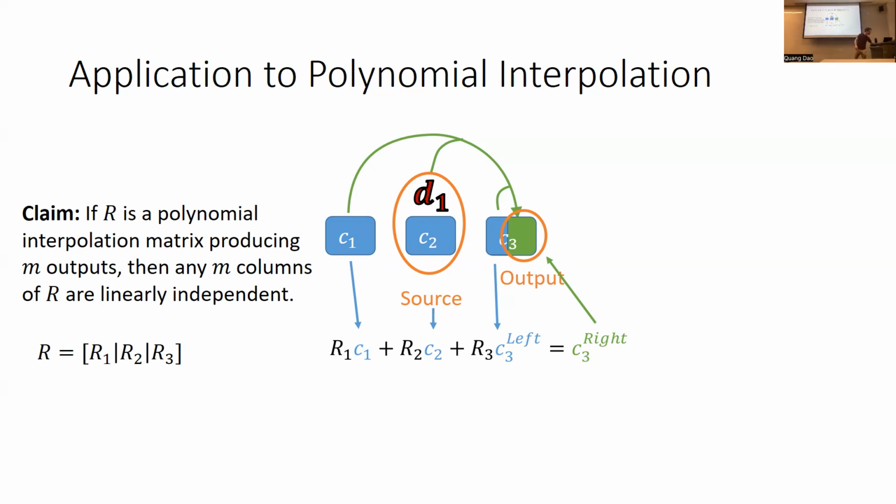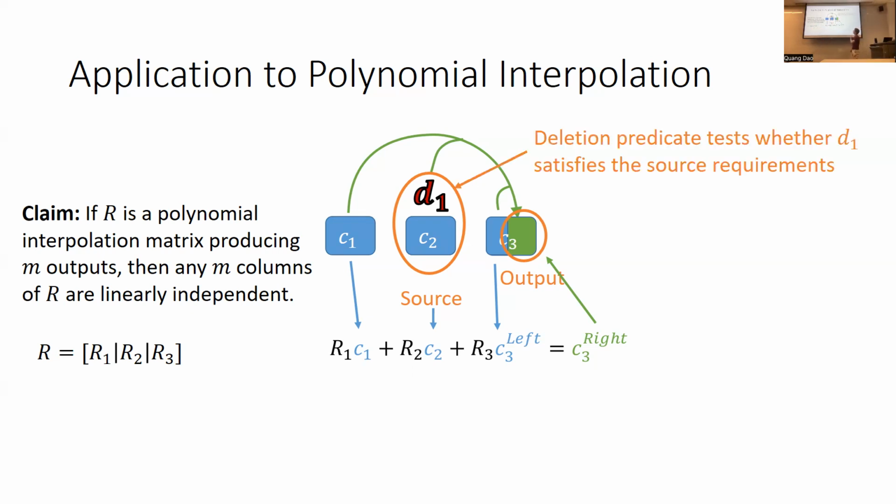And our deletion predicate says that if the deletion predicate is satisfied, then the deleted share must satisfy the source requirement. So our theorem implies that this middle term is uniformly random, which means that the result of the interpolation is uniformly random.